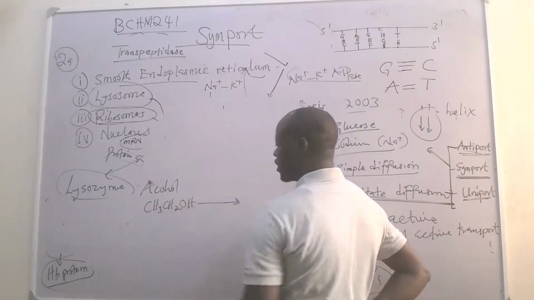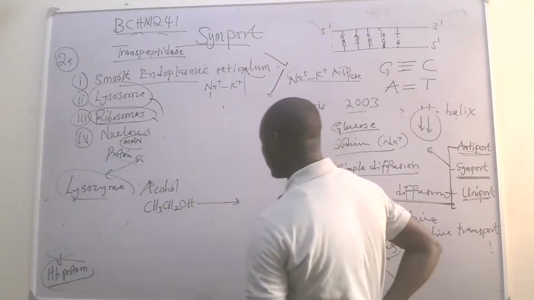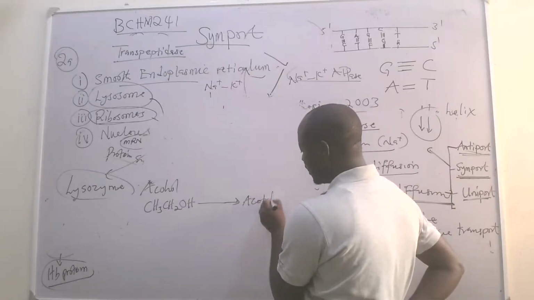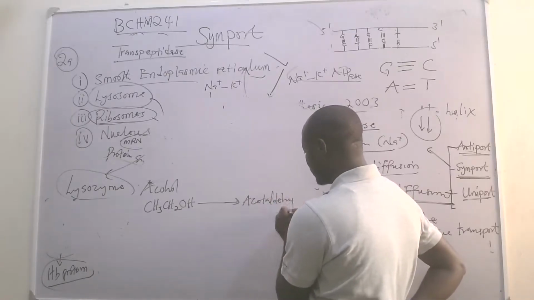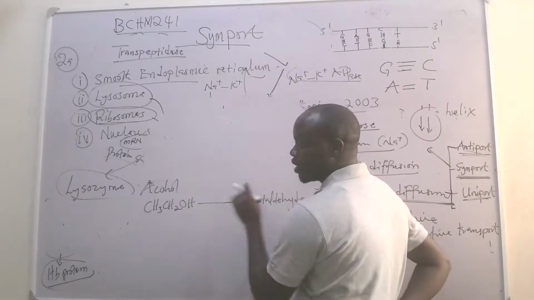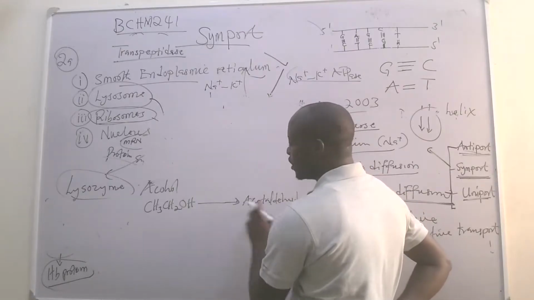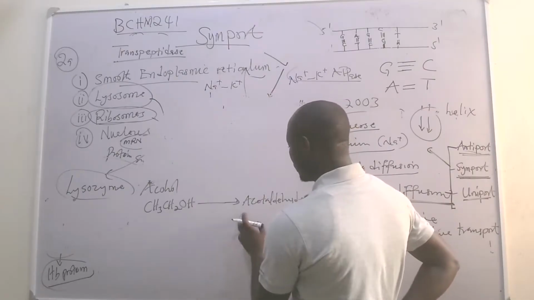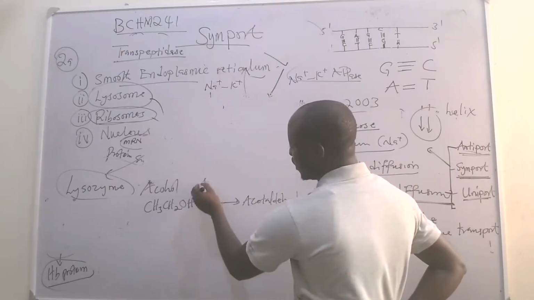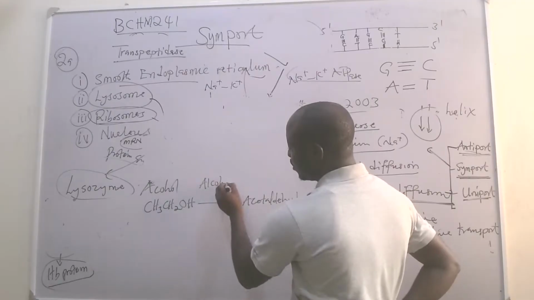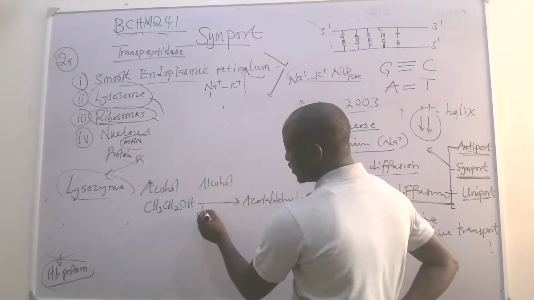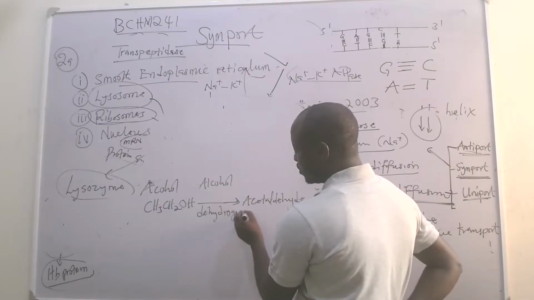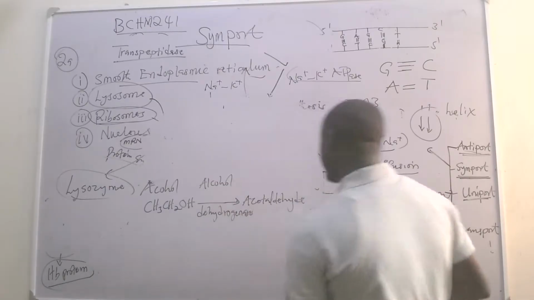This alcohol can be converted into acetaldehyde. And the name of the enzyme that converts ethanol, the alcohol, to acetaldehyde is called alcohol dehydrogenase. Alcohol dehydrogenase enzyme. That is the name of the enzyme.